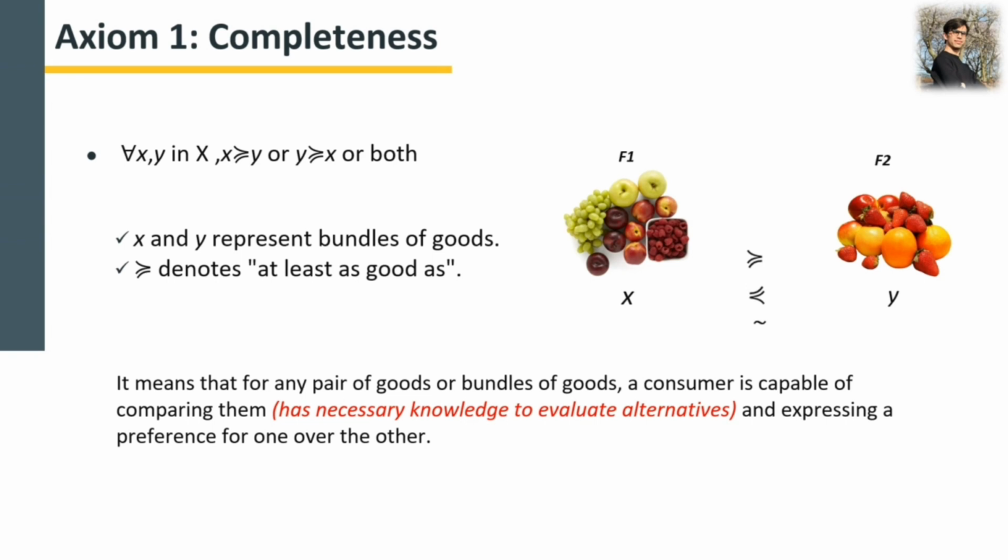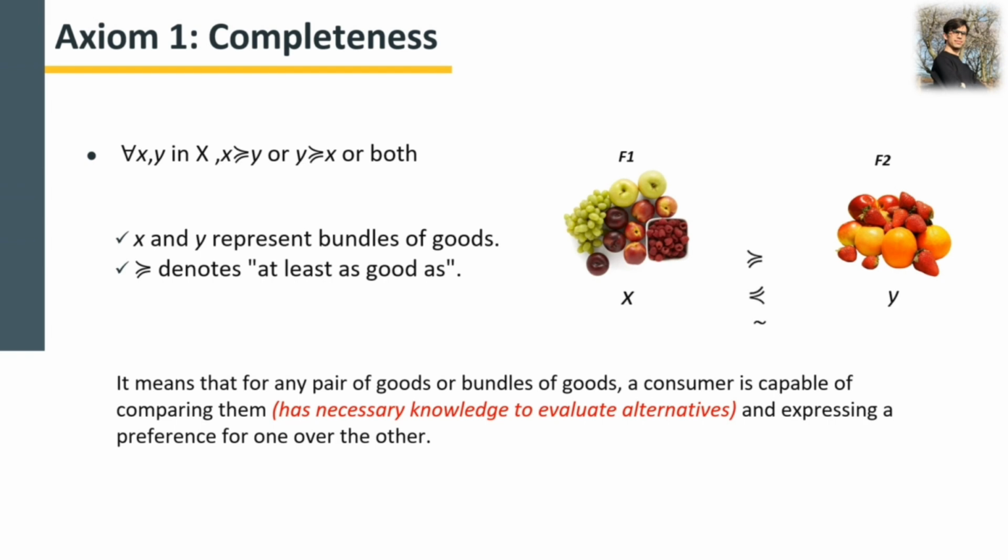So this axiom basically says that the consumer cannot say I don't know. They have this ability to rank, to prefer one bundle over another one. If a consumer says I don't know, in this case we will not be able to know the preferred bundle. So again, let's emphasize that the consumer cannot say I don't know, otherwise the best preferred bundle is not known.